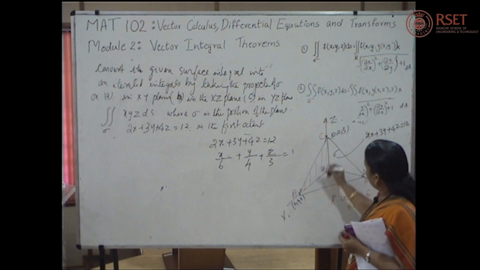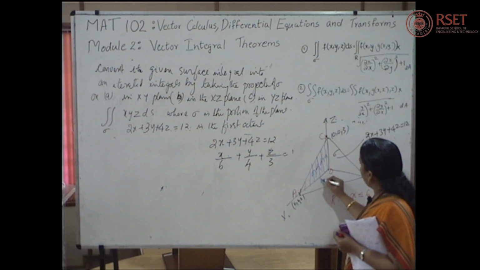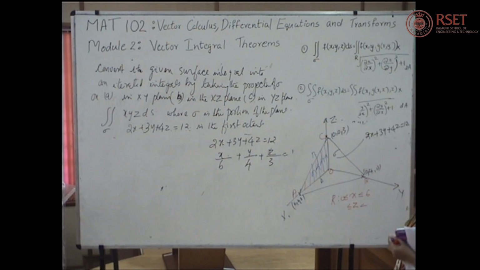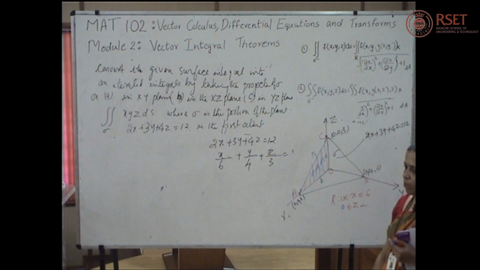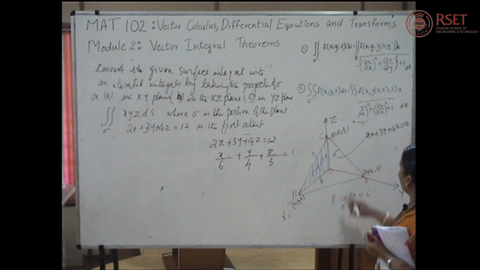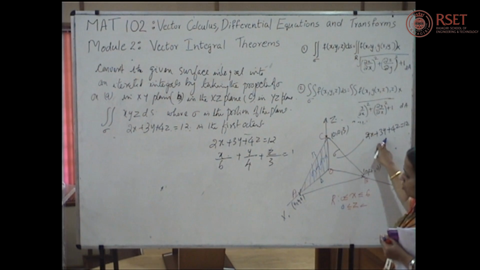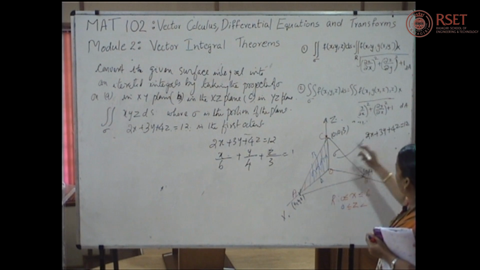If we consider in the triangle OAC, a strip AB parallel to z axis, A is lying on the x axis where z is equal to 0 and B is lying on the line where y coordinate is equal to 0. Since the projection was taken on the xz plane, y is equal to 0.